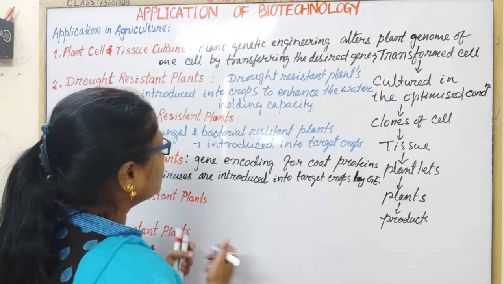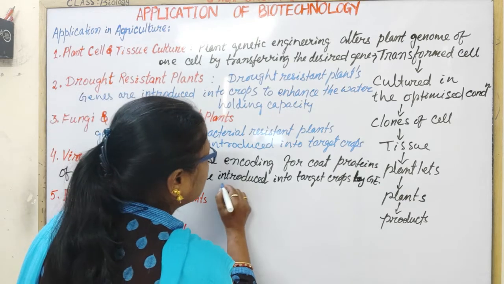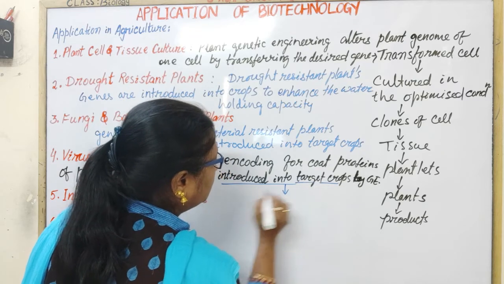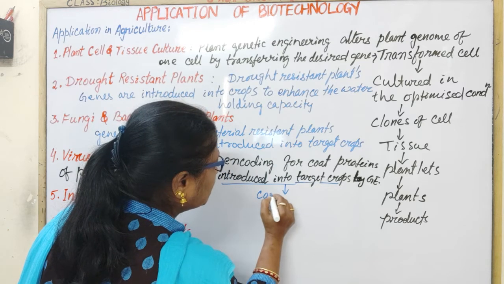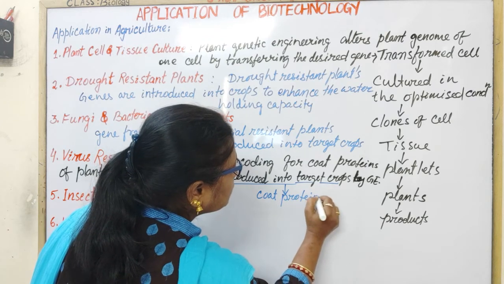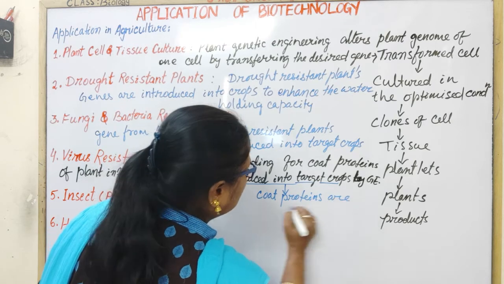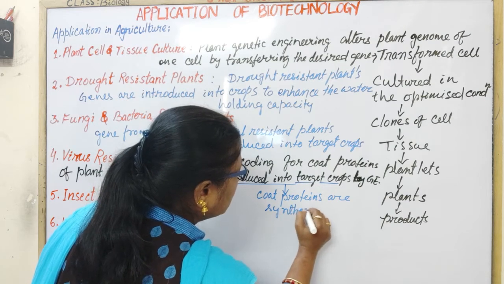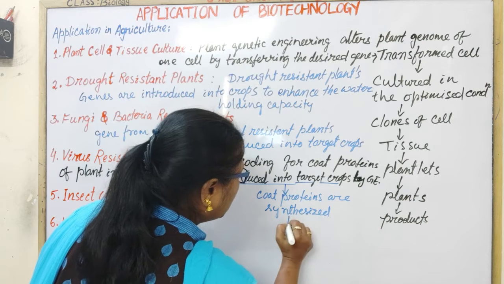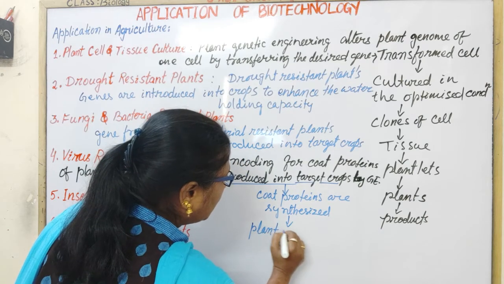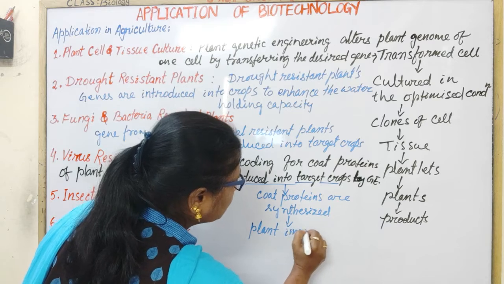So what happens? By introducing this into the target crop, the coat proteins are synthesized so as to develop the plant immune system.